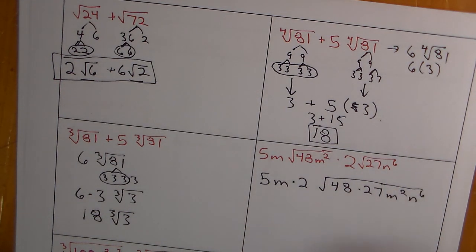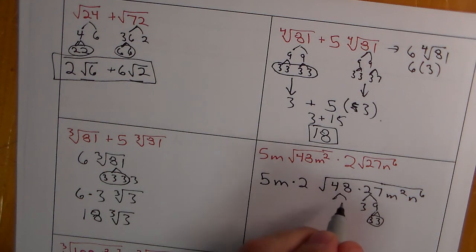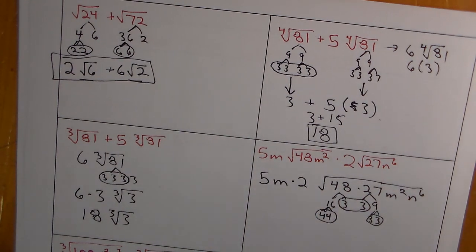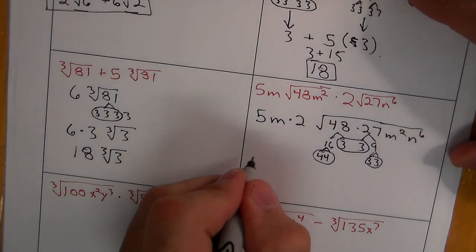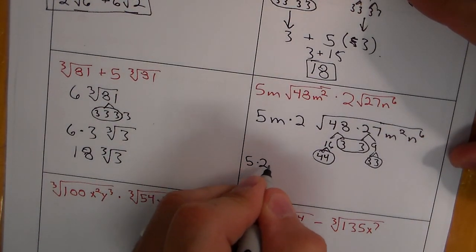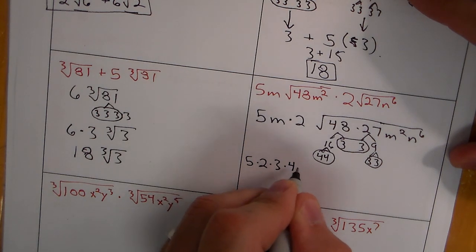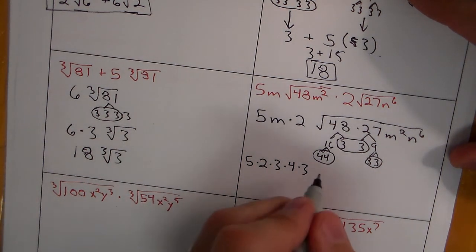So I have 48 and 27. 27 sticks out because that's 9 times 3, and I get a set of 3's. 48 is 3 times 16, which also pairs up a set of 3's. And 16 is 4 times 4, which has a set of 4's. So now I kind of know which numbers are coming out. I got a 5 times 2 times 3 times 4 times another 3.